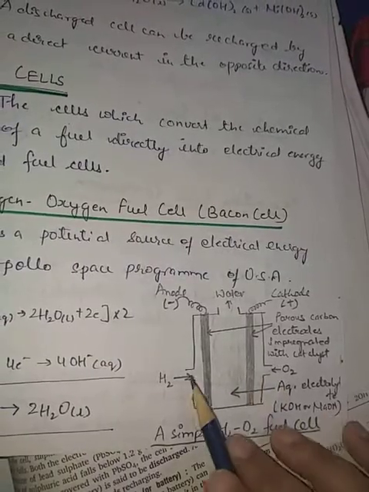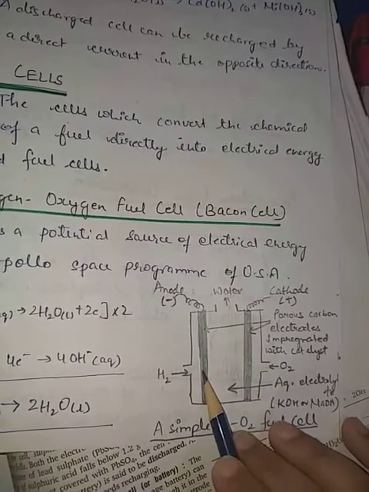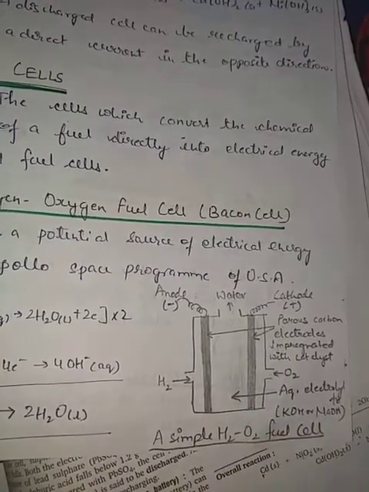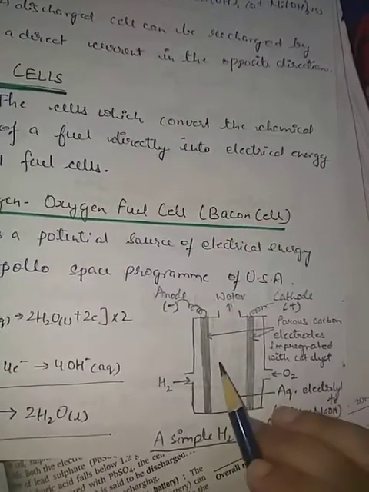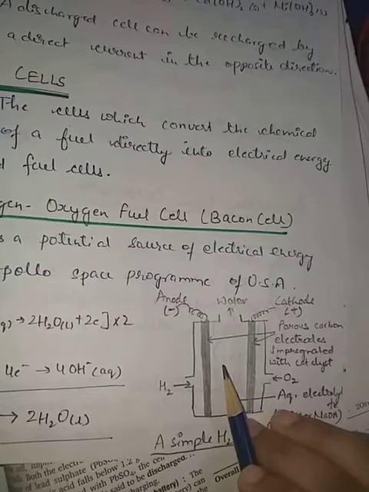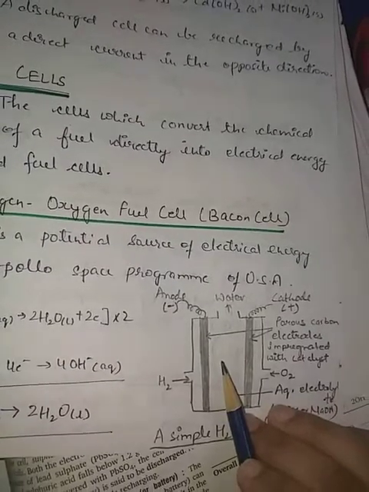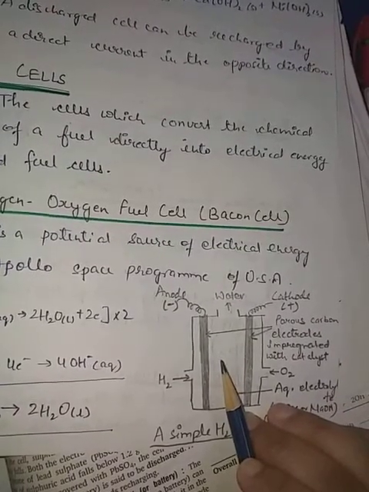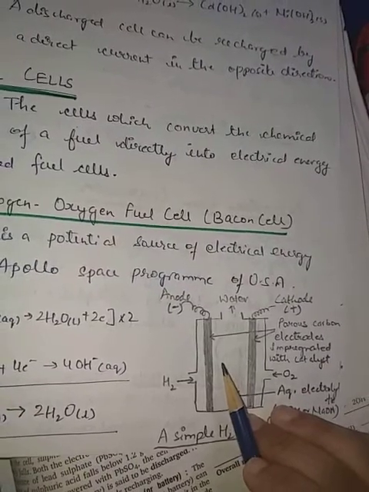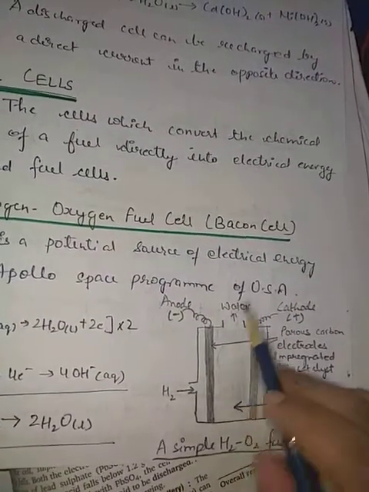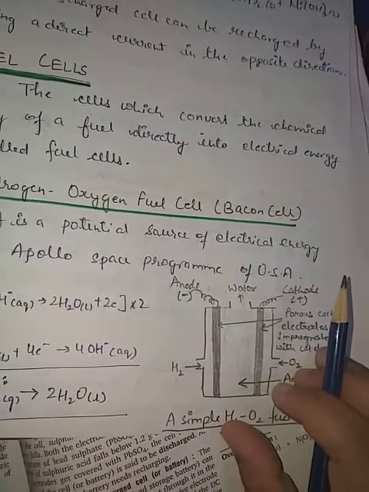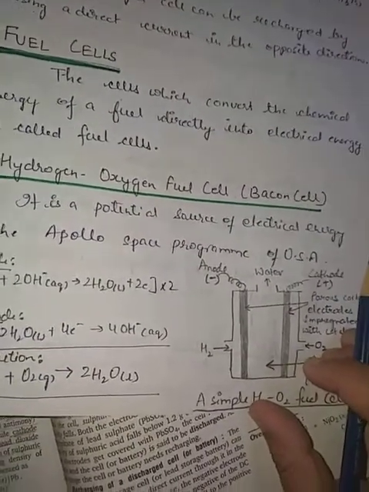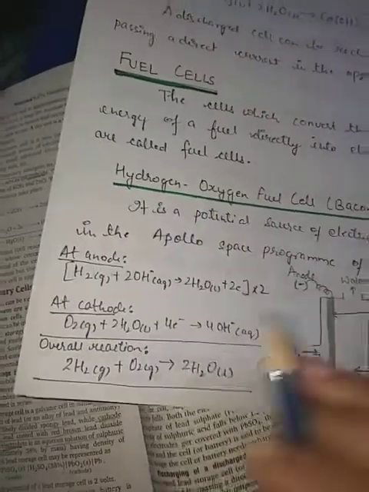These two gases, when they pass through the porous carbon electrode, combine there with the catalyst, and water is formed. Obviously the water which is formed is in the form of steam, and that steam is condensed, and that condensed water was used by the scientists for drinking purposes also at that time.